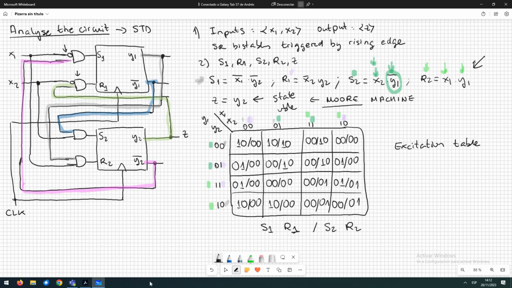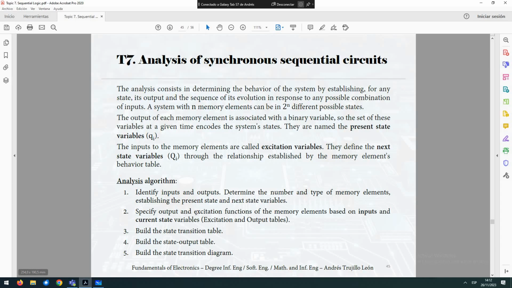So now with this we have finished the second step in which we obtain the excitation tables.